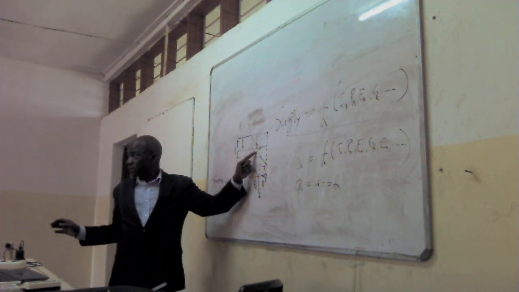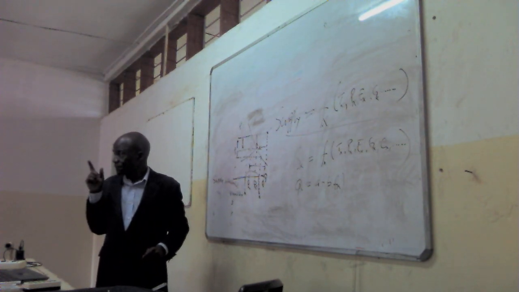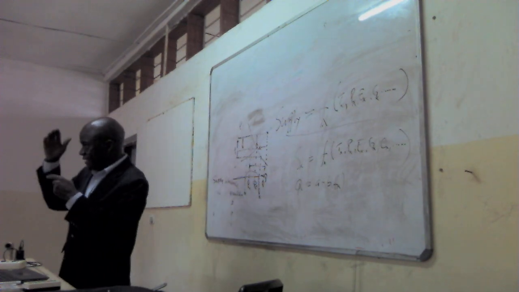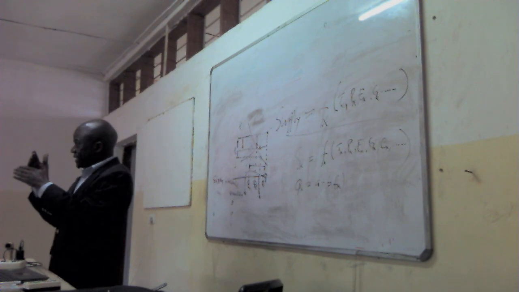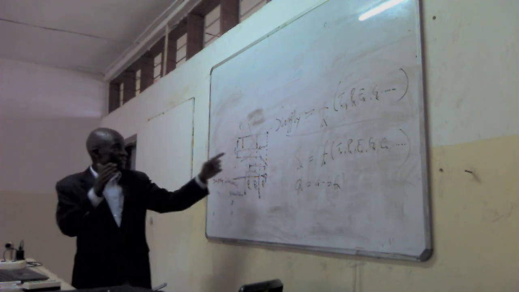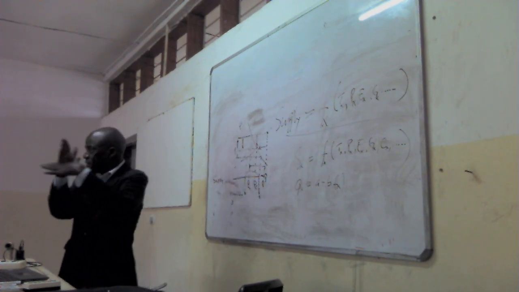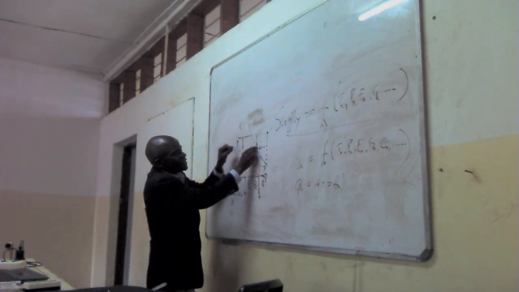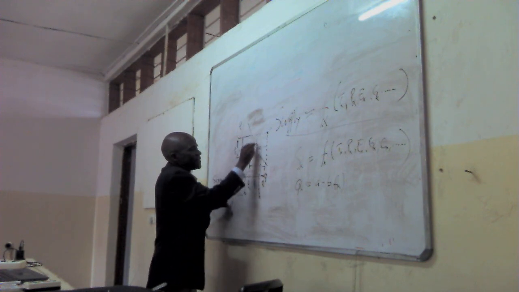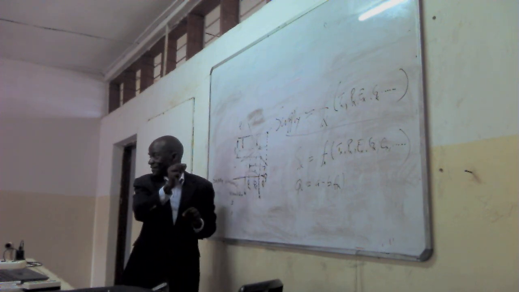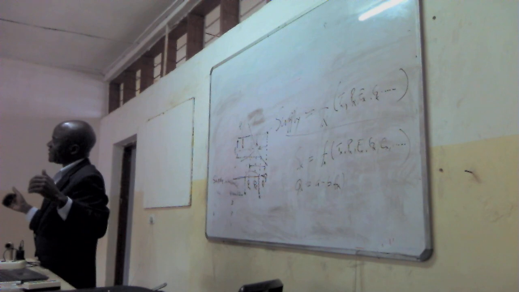Why? This is where the demand curve and supply curve cross each other. It's not always at that same point. This thing can move like this too. It is still equilibrium, depending on the shifts.